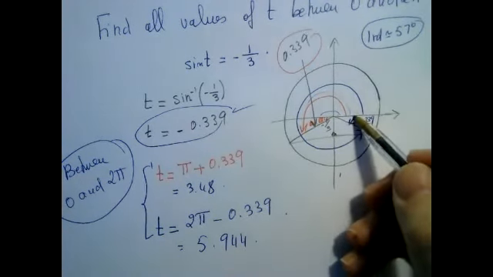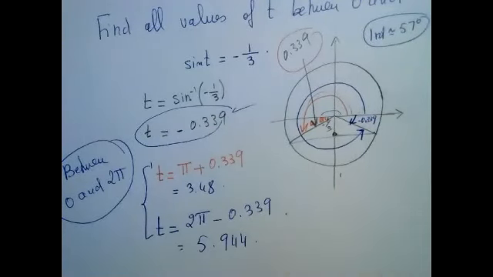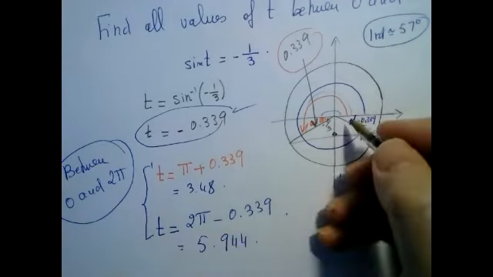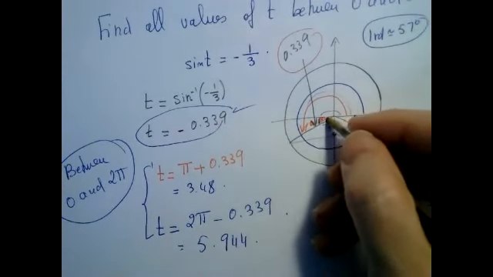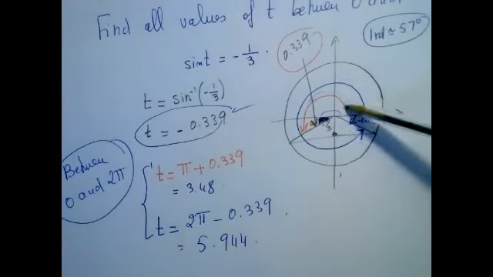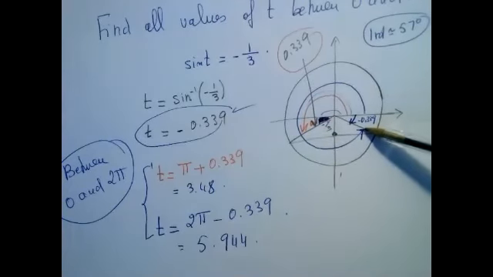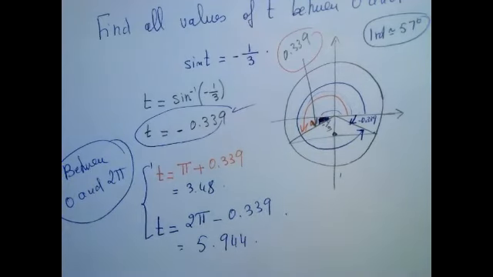The reference angle here is 0.339, and then you use it to figure out the other angle and the symmetry of the unit circle. So I have the pi plus that, and then it's 2 pi minus this, end of the problem. So use the picture, do not memorize at all. Use the picture you have.